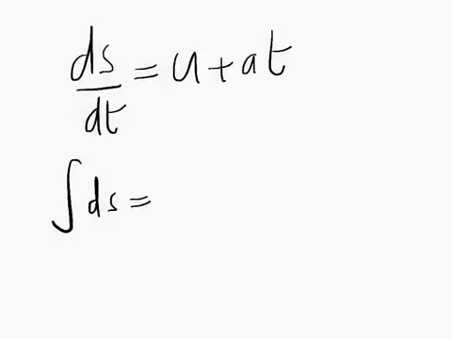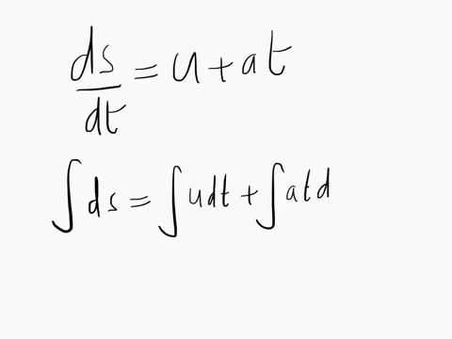Now, multiplying through by dt, that gives us the integral of ds equals the integral of u dt plus the integral of at dt. If we integrate these, the integral of 1 with respect to s is just s.